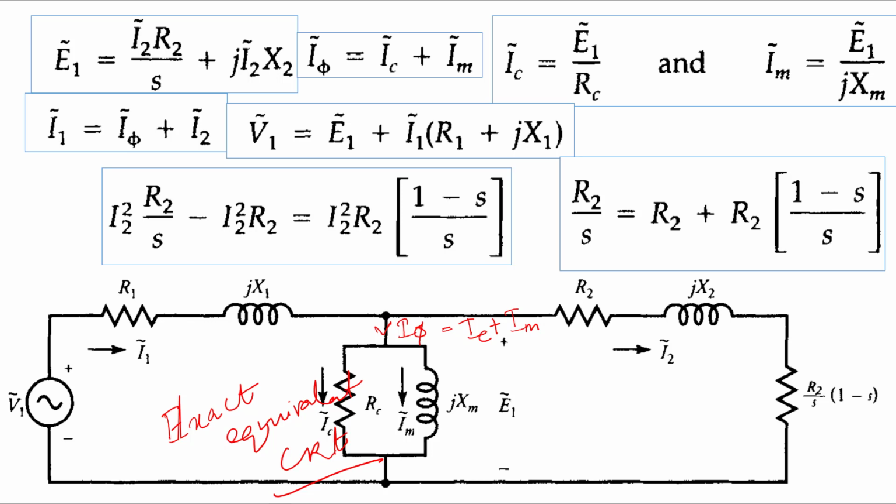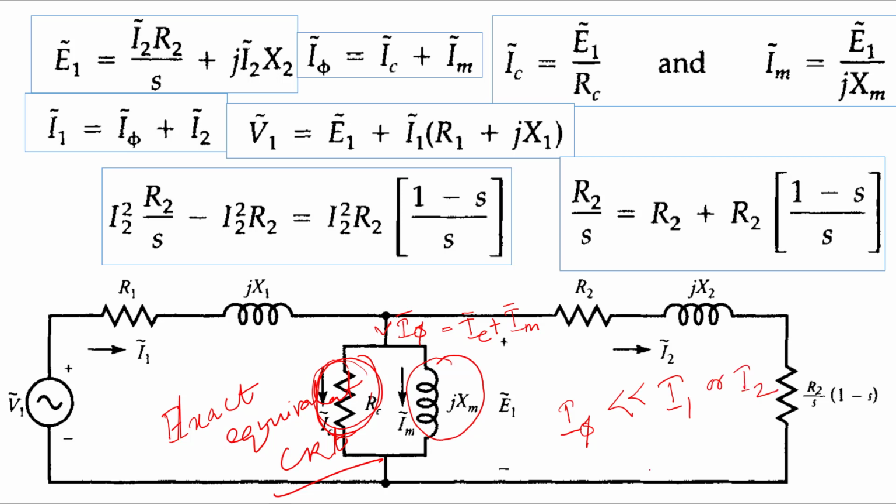These currents are really small in magnitude because the core loss component is very small, and this resistance RC is very high, and also XM, the magnetizing reactance, is very high. So therefore I phi is negligible, very small compared to I1 or I2.